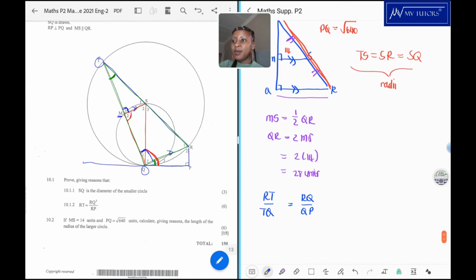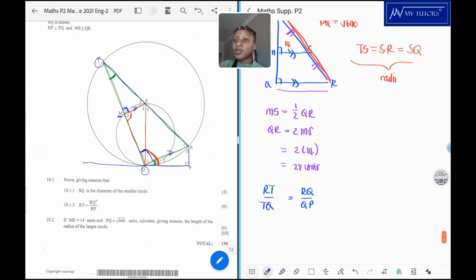We know PQ is equal to 640. I am looking for RT. So I know that RT is equal to TQ times RQ, and I also know that RT is RQ squared over RP.